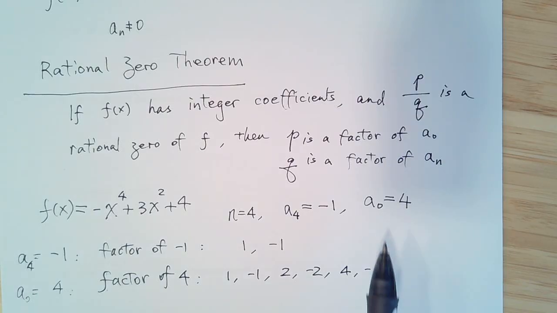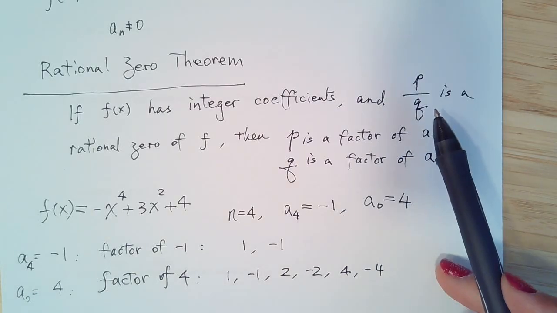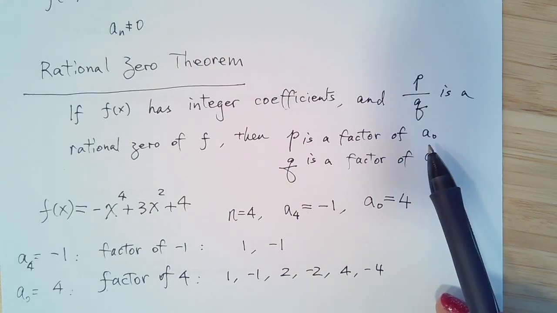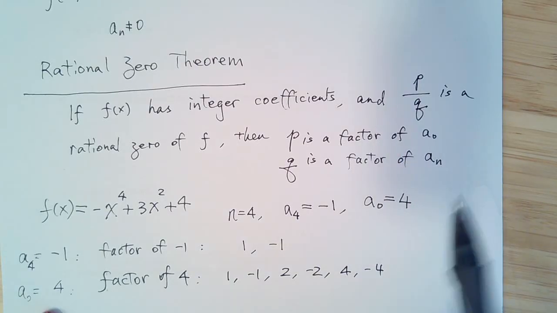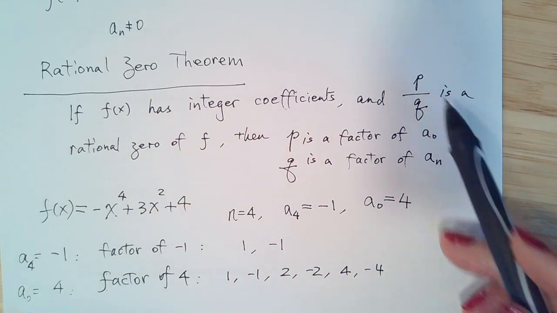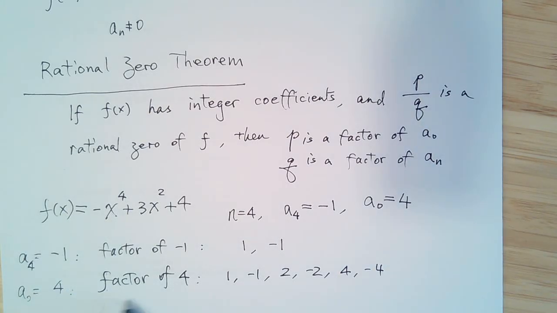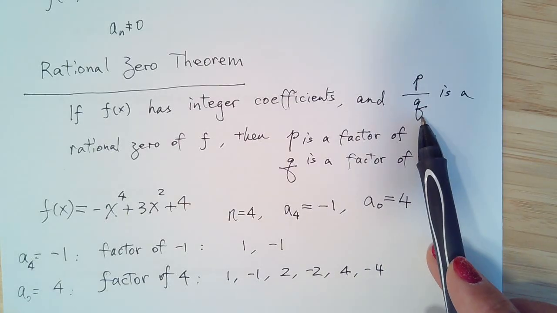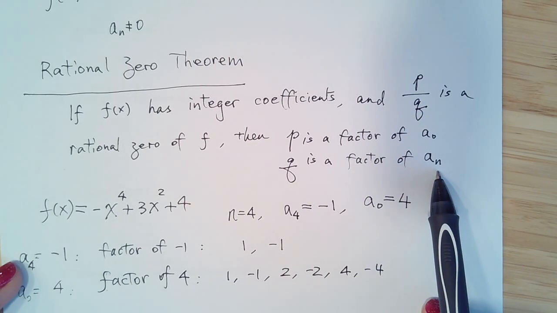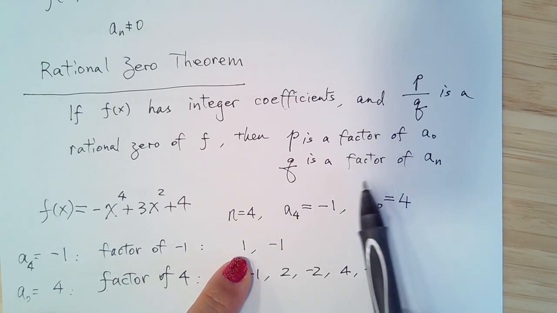So we are going to have the format looking like p over q, and p is a factor of a0, which is 4. So on the top, we could have 1, -1, 2, -2, 4, -4. And q is a factor of a n, which could be just 1 and -1.